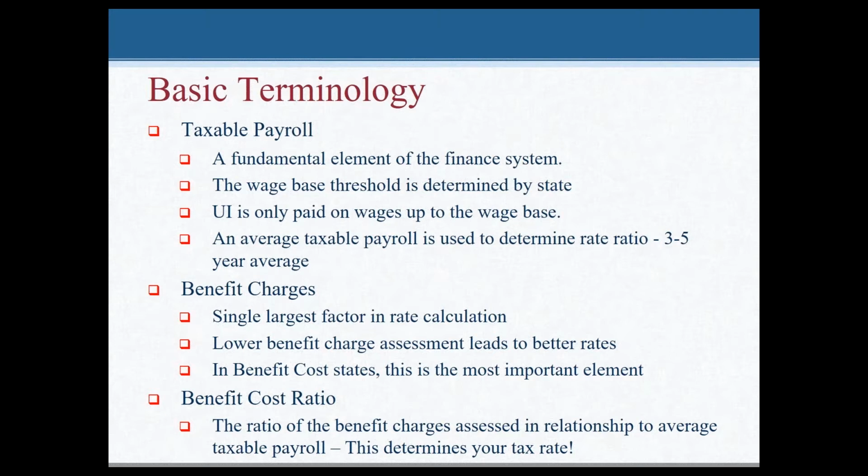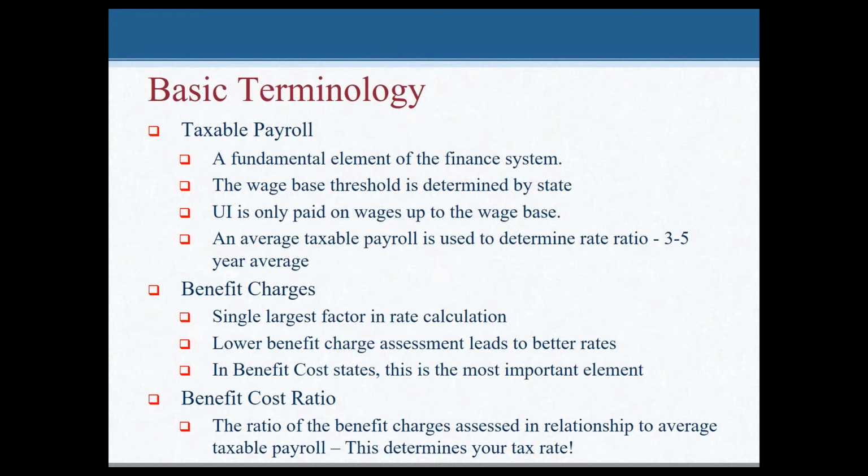Because if you keep the charges off your account, if you use a reserve account system, all the taxes you pay into it will then stay in that reserve account. And as the reserve account grows, that creates a better ratio to your unemployment taxable payroll, that 3-year average. The better your ratio is to that 3-year taxable payroll, the lower your unemployment rate will be.